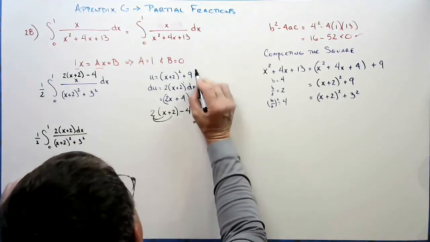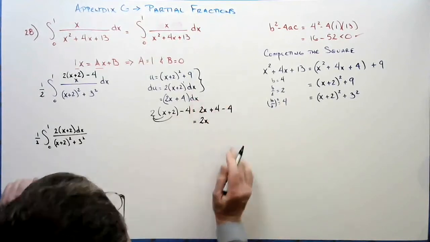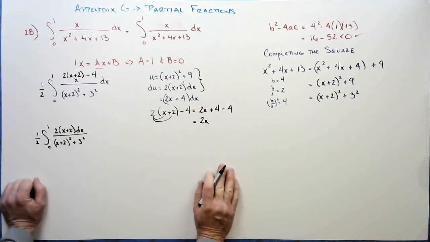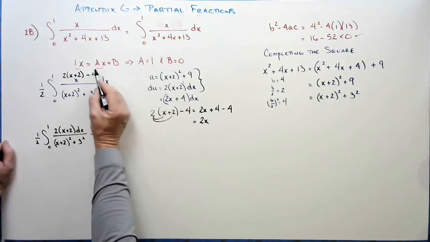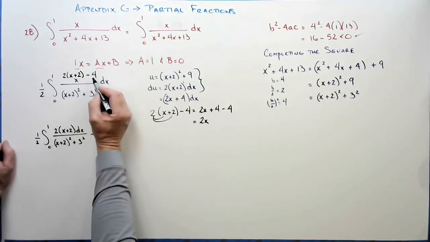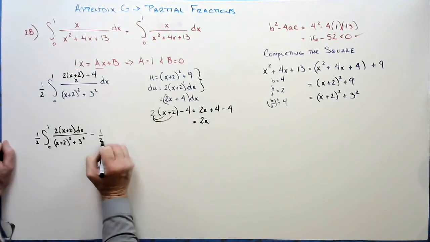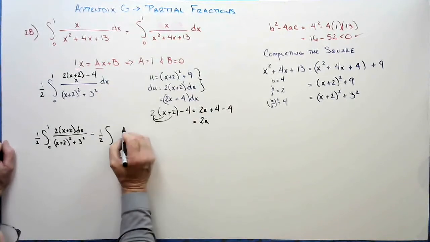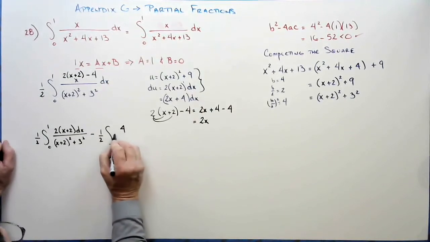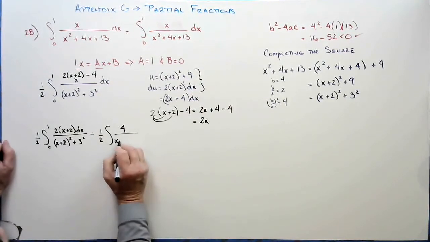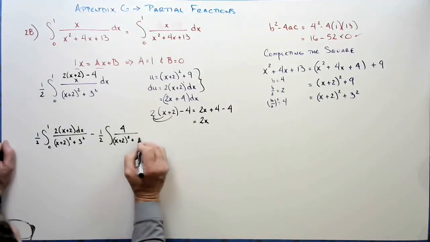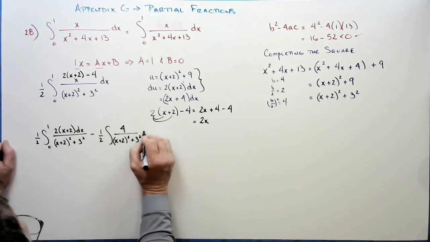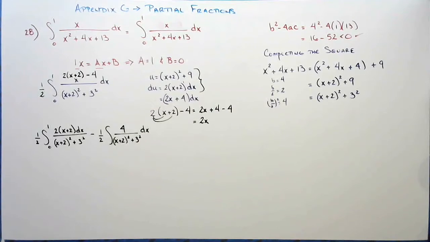That's our u sub. Minus, we still have to write the integral down that goes with the 4. 1/2 the integral 4 divided by x plus 2 squared plus 3 squared dx.